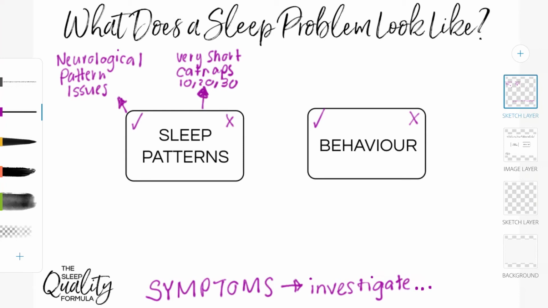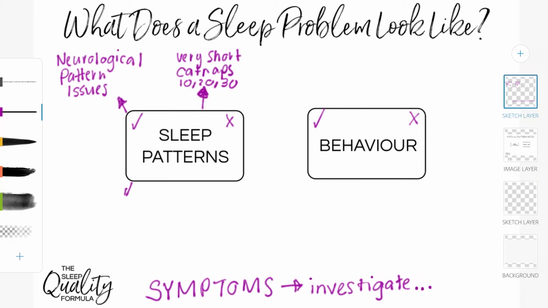Another flag is waking less than a sleep spindle overnight after 4 months. Minus 2 hours.